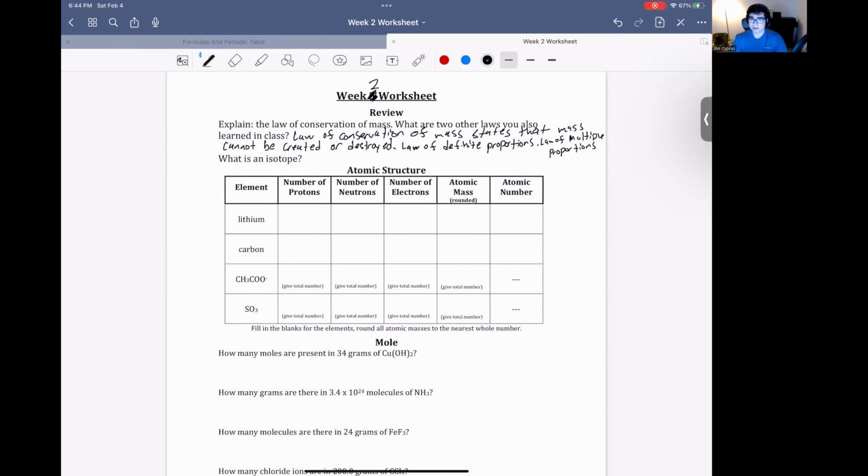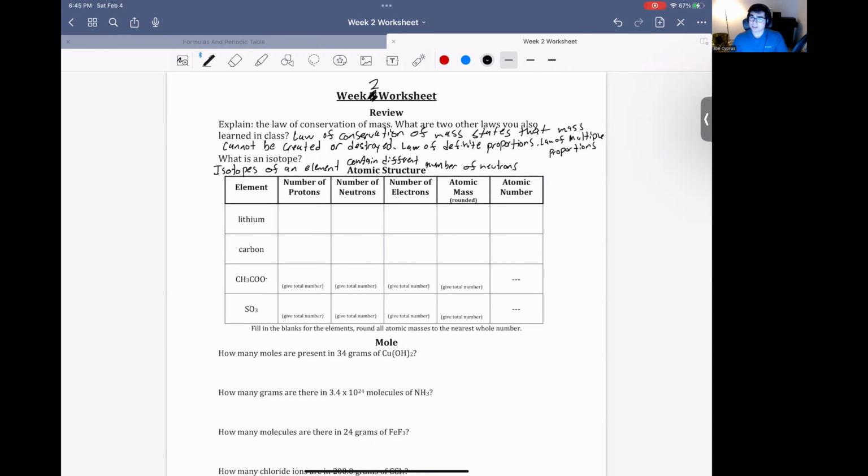Now, what is an isotope? So when you have different isotopes of an element, they contain a different number of neutrons.